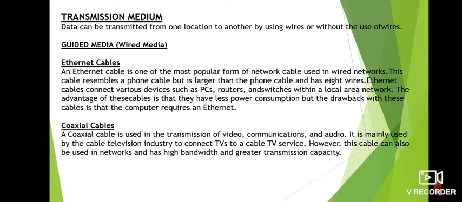Dear students, networking we can create in any way, either guided wired media or unguided, that is wireless media. If we use guided media, then here we are using physical components, physical wires for establishing communication among multiple computers. The first physical cable that we are using is Ethernet.